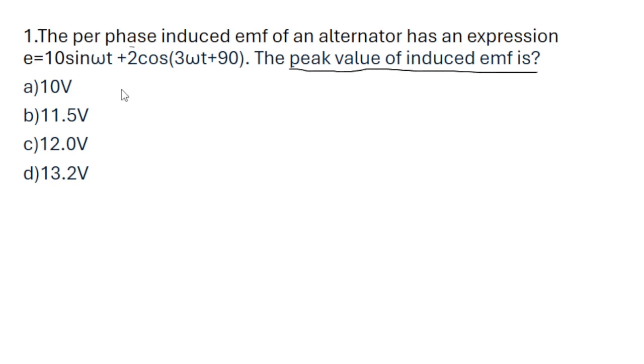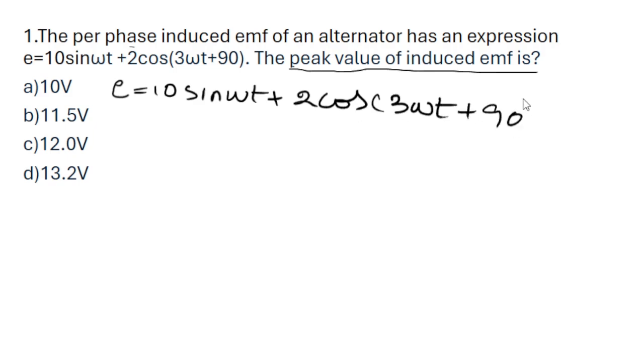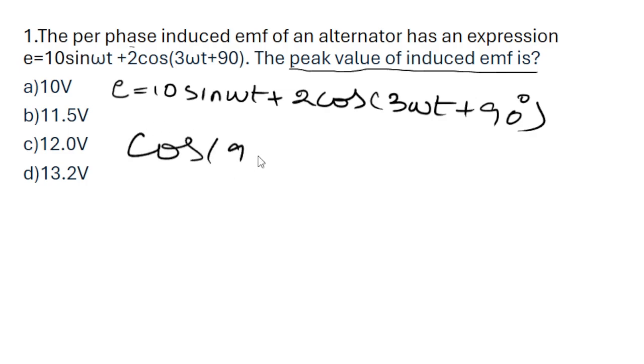First I am writing the expression E is equal to 10 sin omega t plus 2 cos 3 omega t plus 90 degrees. We know that cos 90 plus theta is equal to minus sin theta.